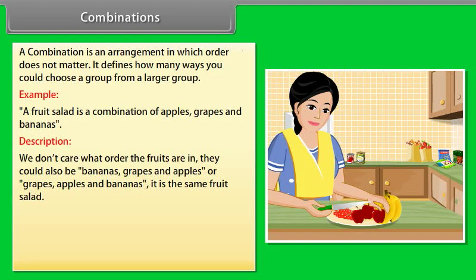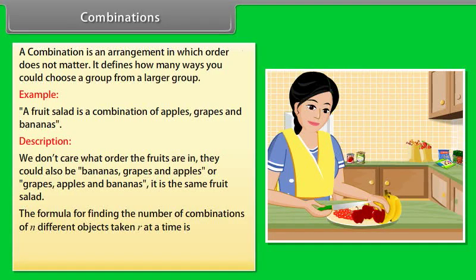They could also be bananas, grapes and apples, or grapes, apples and bananas. It is the same fruit salad. The formula for finding the number of combinations of n different objects taken r at a time is nCr is equal to n factorial by n minus r factorial into r factorial.